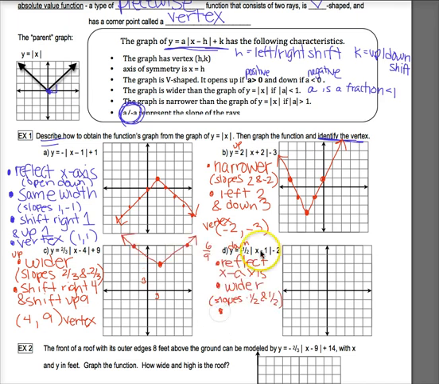My shifting over here, -1 inside the bars means I'm going to go to the right. So shift right 1. And this -2 means down 2.